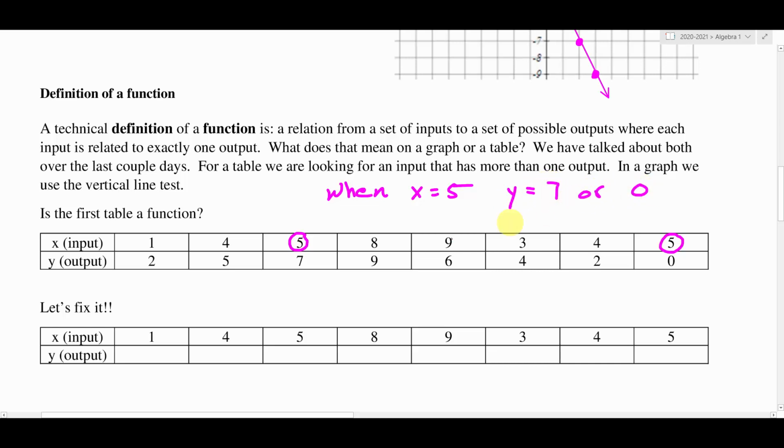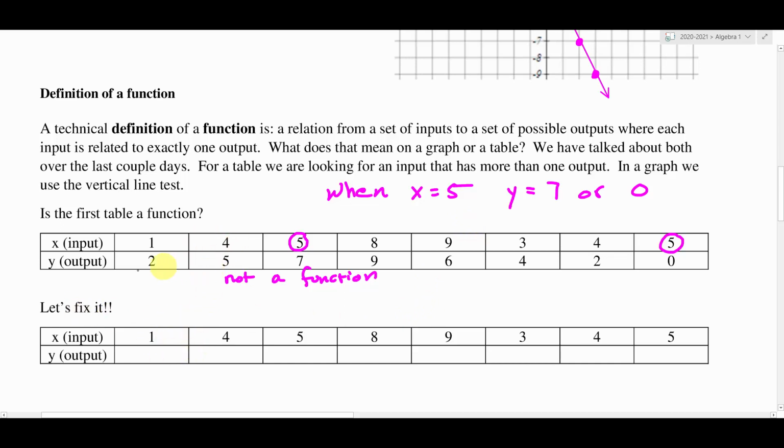And this is not allowed, right? I can get 7 here or I can get 0 here. That's not allowed. We can't have more than one output for any input. So this is not a function. And if you can find even just one input that does this, that's enough to say that it's not a function.